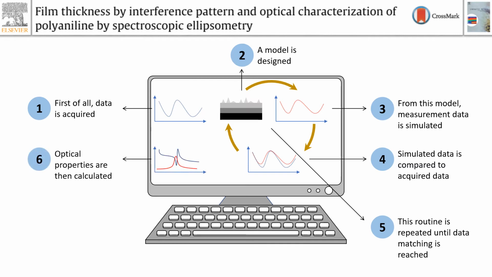The sixth step consists of the calculation of the desired optical properties as long as the simulated data match the measured ones. The fitting process is strongly dependent on the thickness of each layer of the sample. Therefore, determination of the thickness is mandatory for faster fitting analysis.